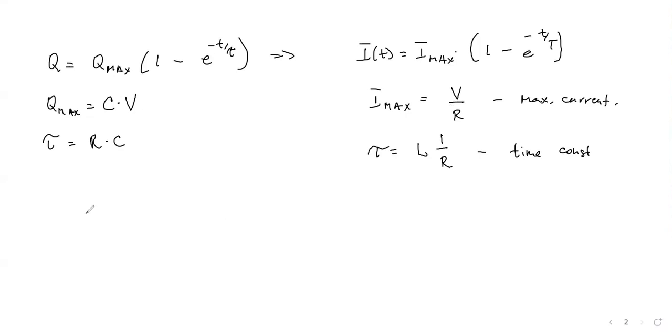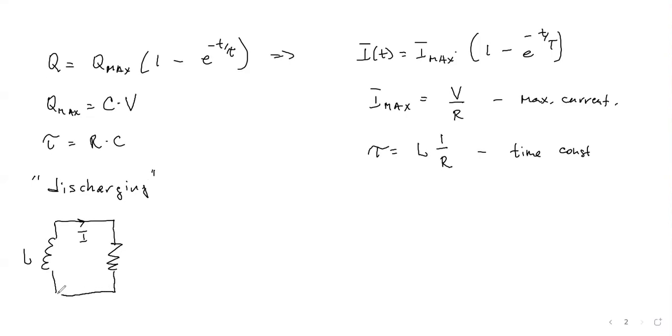And we can also do relatively fast discharging. By discharging, I mean that you have current at some initial time, and the current will go through the resistance like this.